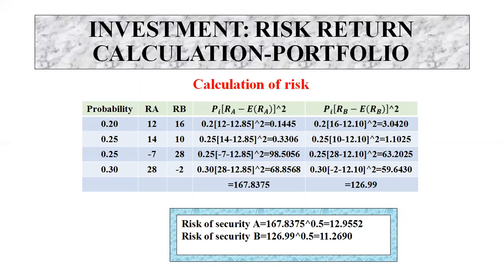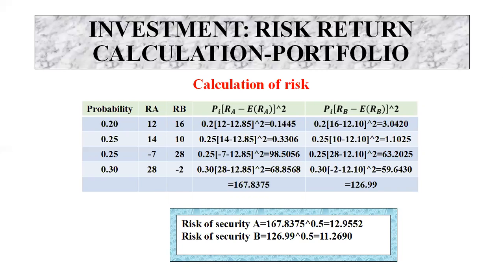The calculation shows that the risk of security A is higher than the risk of security B. That means security A has high return as well as high risk, and security B has low return as well as low risk. So directly by comparing risk and return, we cannot conclude whether security A is better than B or not.